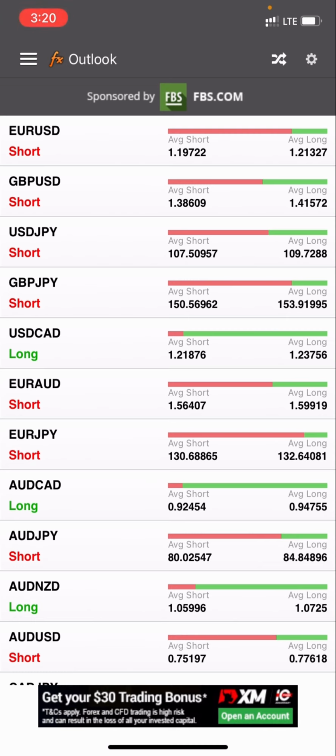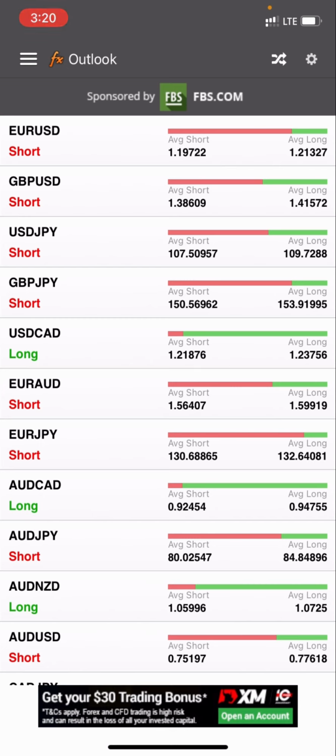This is the retailers. If you see the first one, EUR/USD, the retailers are telling you that this is the amount of people who are going short on EUR/USD, meaning the amount of people who are saying EUR is going to sell to USD. If you check the amount of people saying to buy, it's very, very low. So this will give you an insight into what the retailers are thinking.